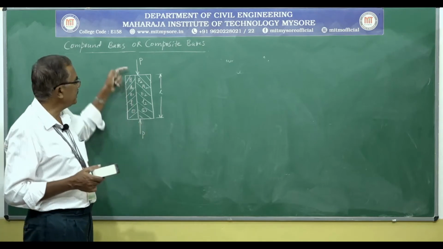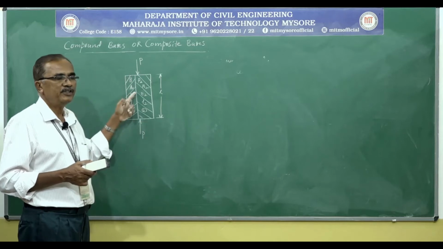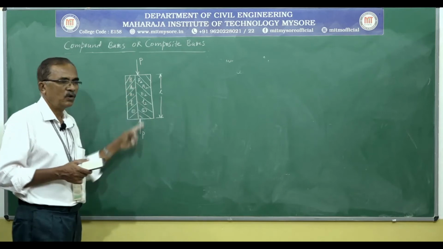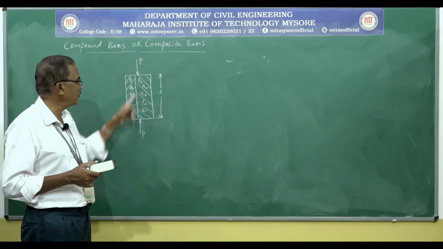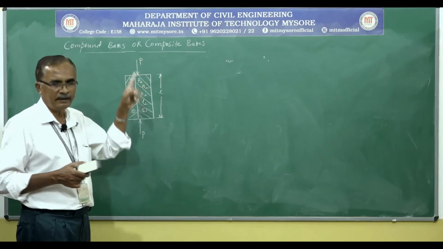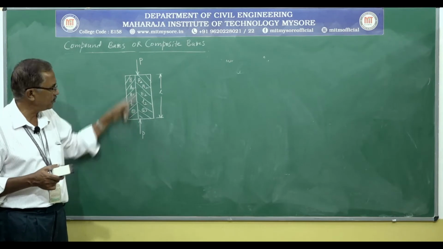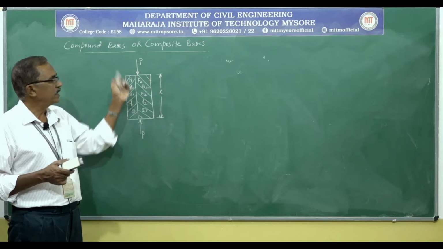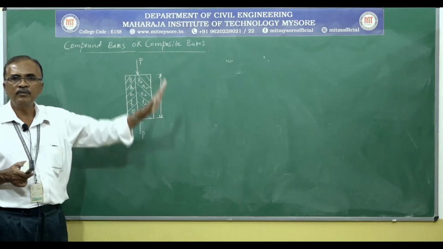If there is a change in dimension, it will be the same because the column as a whole receives the load. This change in dimension taking place in the compound bar is known as strain. So the strain in the materials will be the same. This is the concept of compound bar.